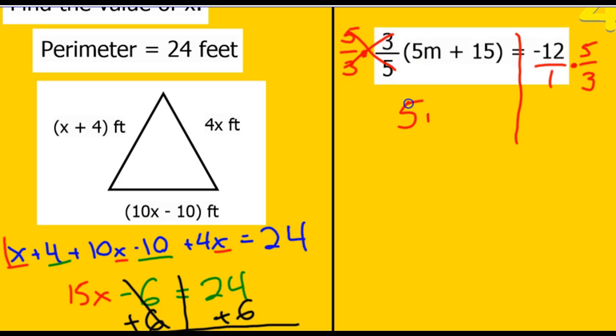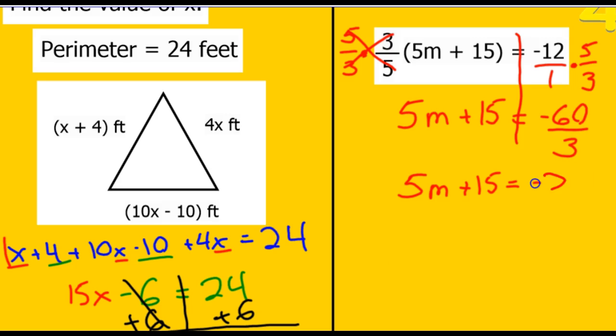So we get 5m plus 15 equals negative 12 times 5 gives us negative 60 over 1 times 3, which is 3. So it's actually 5m plus 15 equals negative 60 divided by 3, which is negative 20.